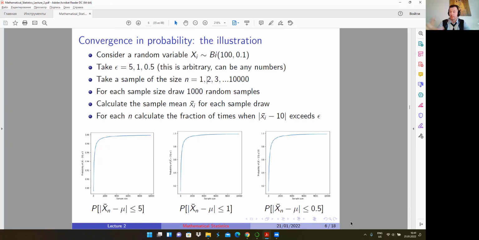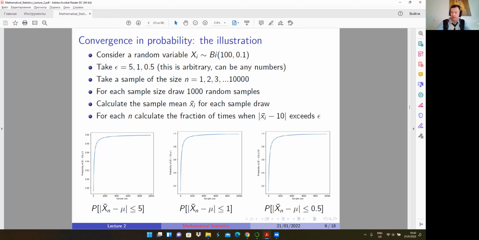And when I make this even tighter, again, this probability becomes 1 around the sample size of 6,000, maybe less.